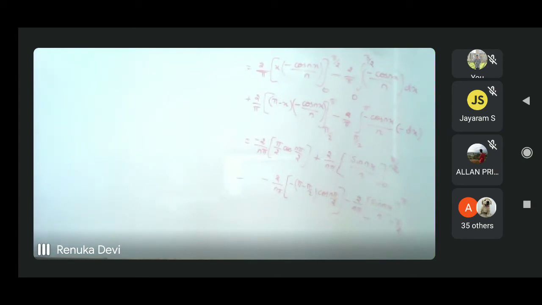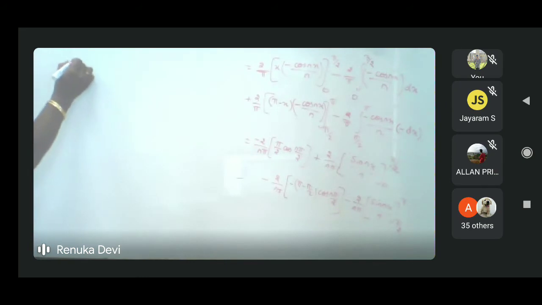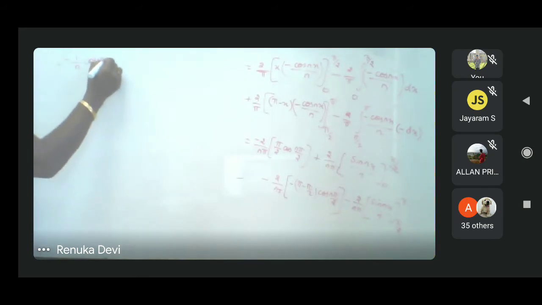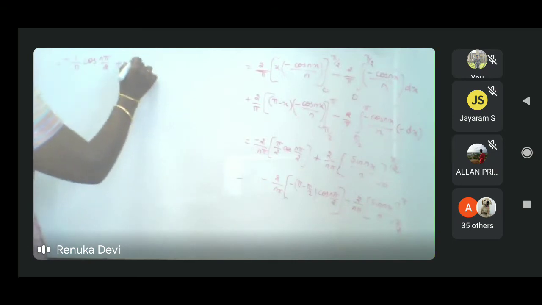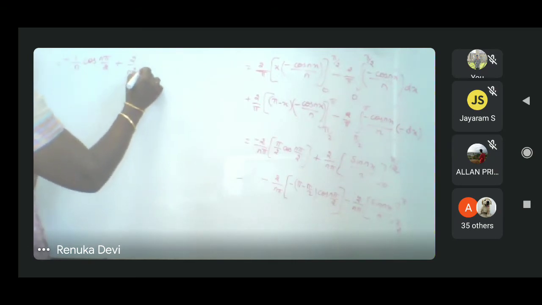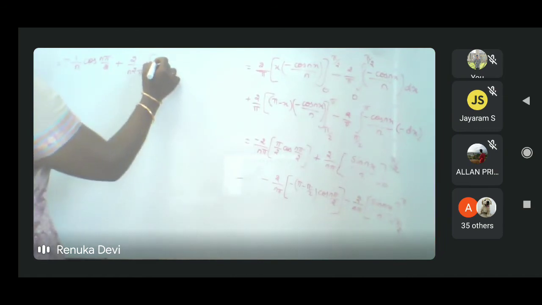So the first term will be, the 2 will get cancelled, pi cancelled. So minus 1 by n cos n pi by 2. Plus 2 by n square pi. Substitute the limit. So sin 0 is 0. Therefore, upper limit is sin n pi by 2.